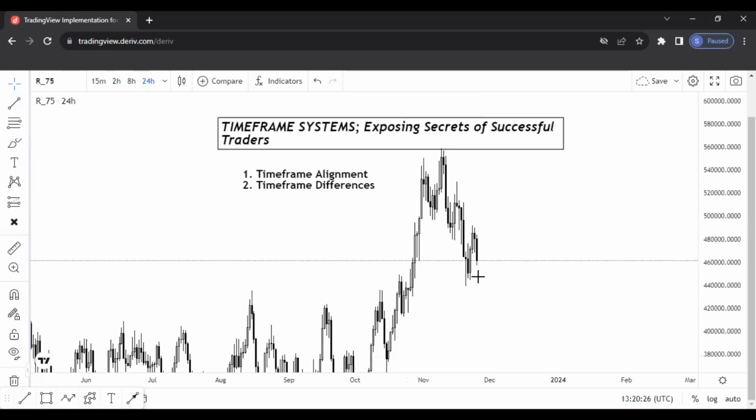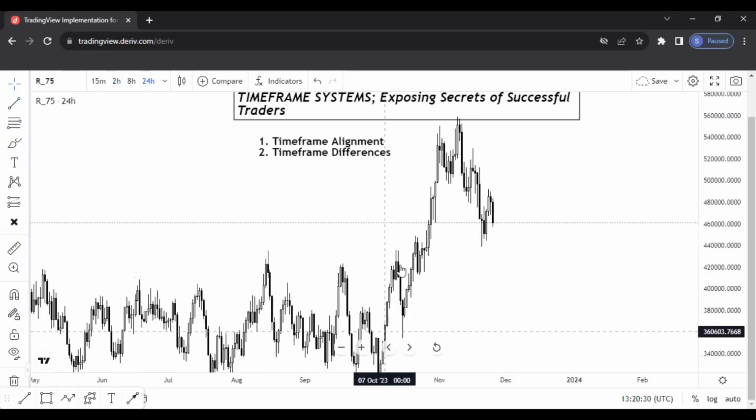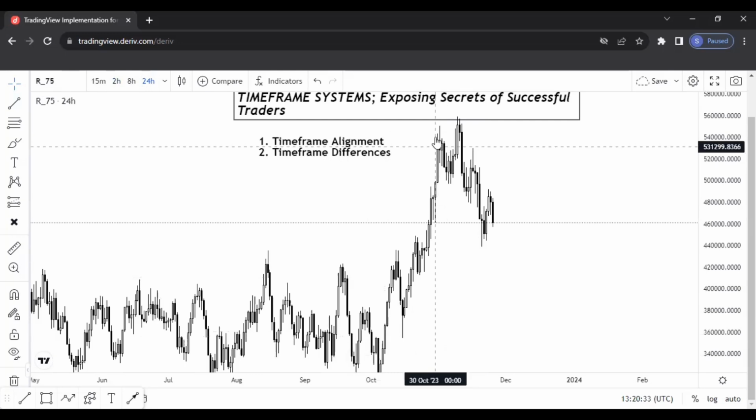Just this one candle is 12 candles on the 2 hours time frame. That's a whole lot of difference, and definitely the market is going to show different structures on different time frames, and that is what is going to lead us to talking about time frame alignment and how you can use it as confirmation.